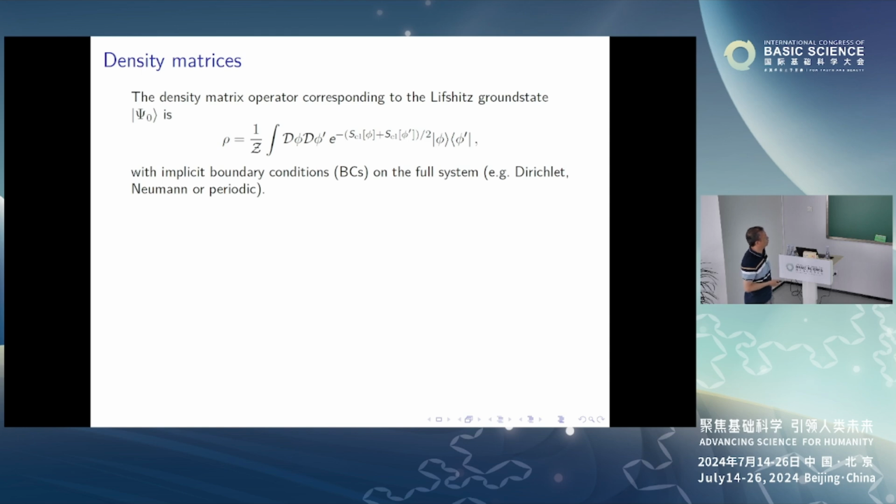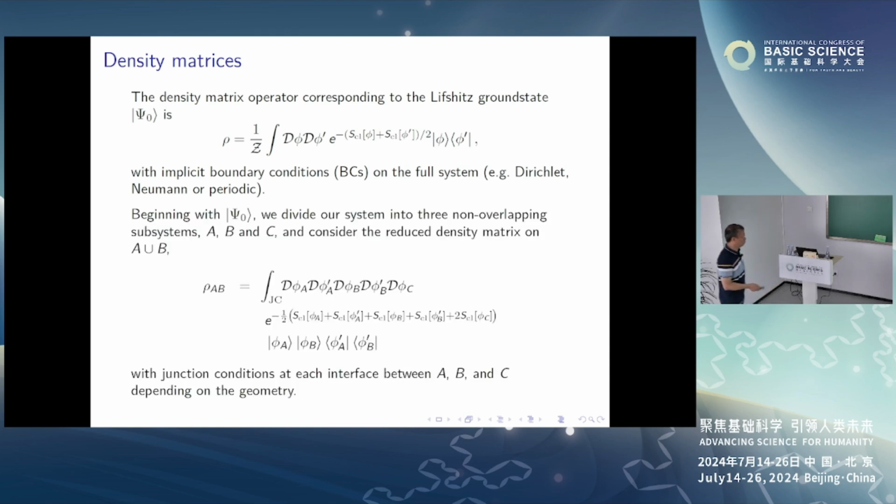But it's not essential which kind of boundary condition we keep. So in order to compute the entropy, we have to start from three non-overlapping subsystems A, B, C, and we get this kind of reduced density matrix by tracing over the degrees of freedom in C.